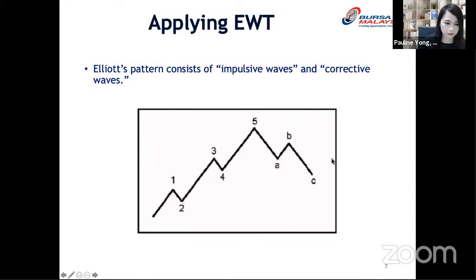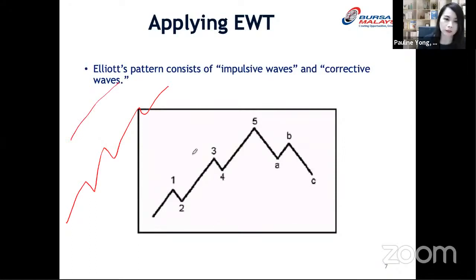So let's say you are looking at a normal chart, and we are looking at this kind of uptrend. For an uptrend, you won't see a chart that goes up continuously forever.